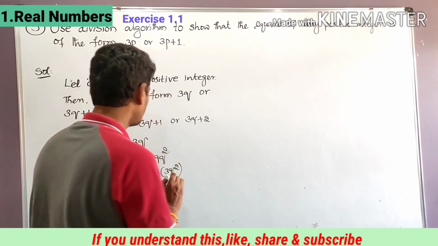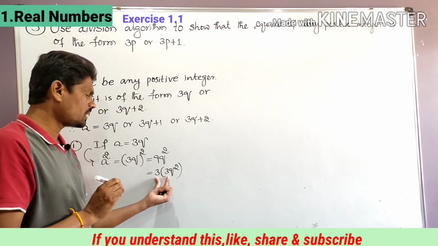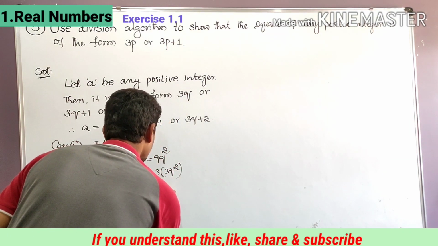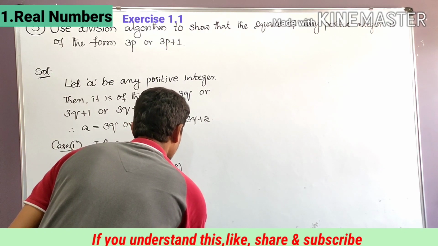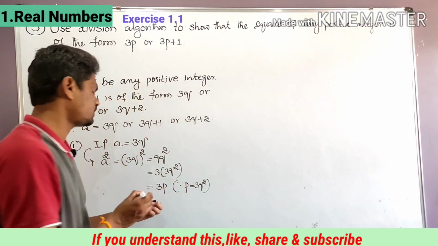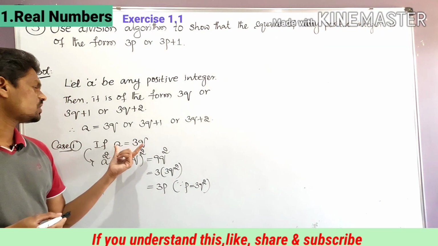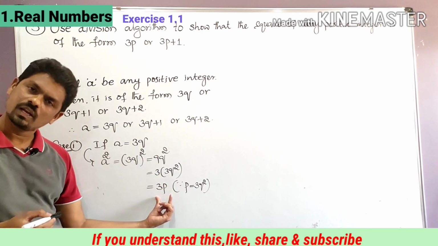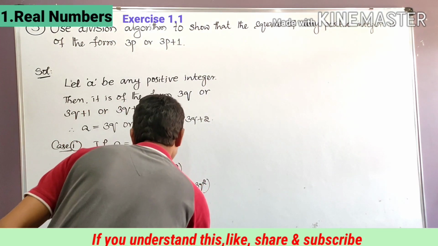If you multiply again you get 9q square. I am writing 3 into p, since let p is equal to 3q square, then it becomes 3p. Then if a is equal to 3q, the square of a is of the form 3p. Let this be equation number 1, student.